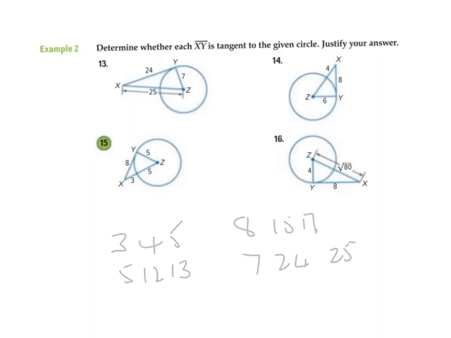So for instance, on question 13, you've got a 7, 24 and 25 triangle. Well, you know it's a Pythagorean triple, it's this one here. So you know that question 13 is definitely a tangent. To justify it with Pythagoras, you can just put triple. Make it simple for yourself, okay? Now when you move on to the others, let's skip to number 15.